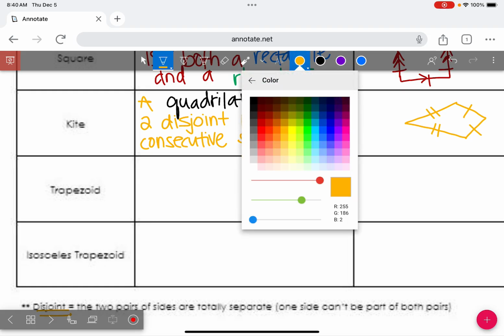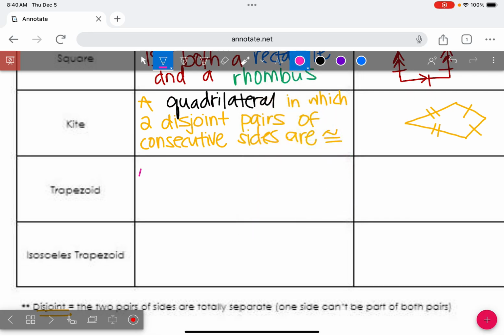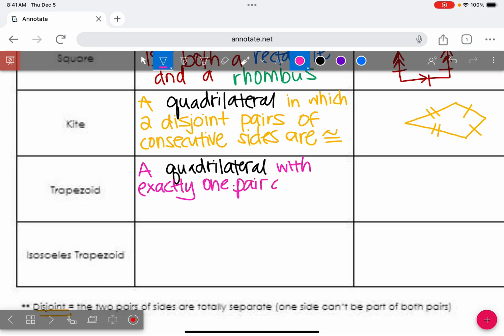So let me pick a different color. All right. A trapezoid is a quadrilateral with exactly one pair of parallel sides. We call those parallel sides the bases.